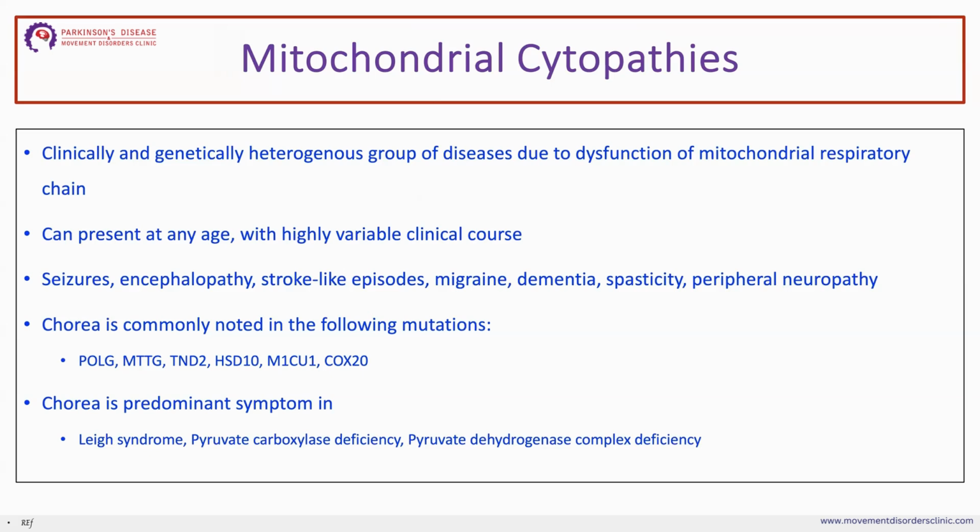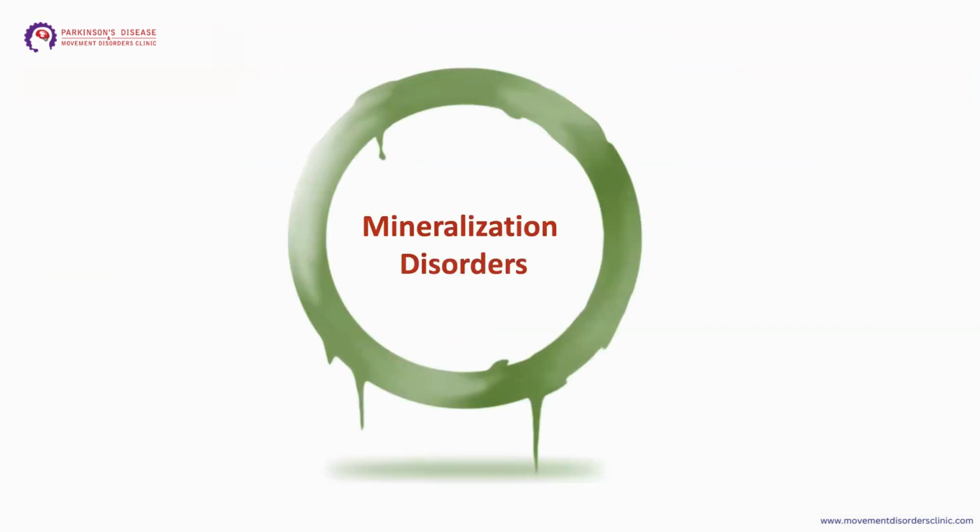Chorea is commonly noted in the following mutations: POLG, MTTG, ND2, HSD10, MICU1, COX20. And chorea is a predominant symptom in the following mitochondrial cytopathies: Leigh syndrome, pyruvate carboxylase deficiency, and pyruvate dehydrogenase complex deficiency. So keep those things in mind when deciding on a final diagnosis.